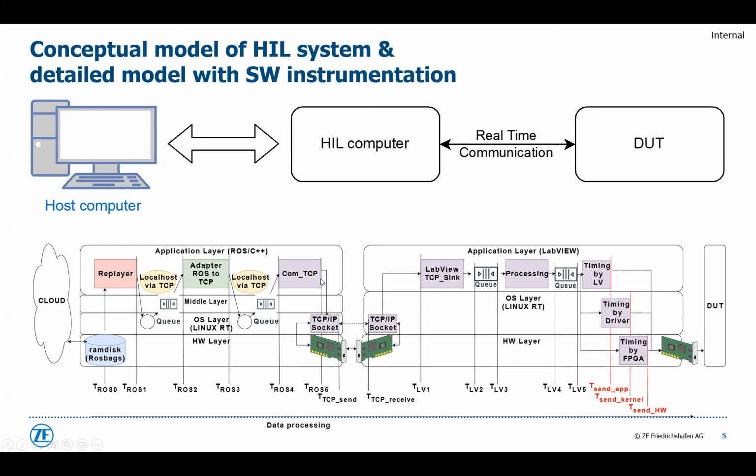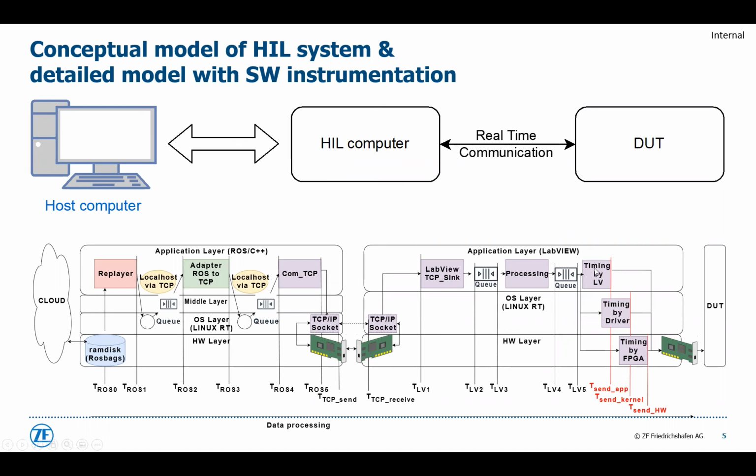From the last ROS node, the data is sent via TCP/IP to ensure lossless streaming to the real-time PC, which is based on National Instruments and has LabVIEW software running on it. There we have the LabVIEW processor, which sends the data to a queue. That's the last queue in the system, and that's why it is the playback buffer.